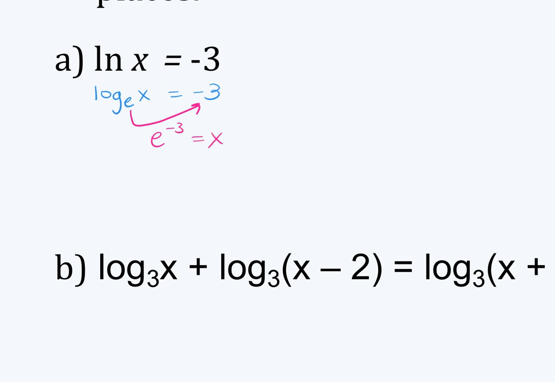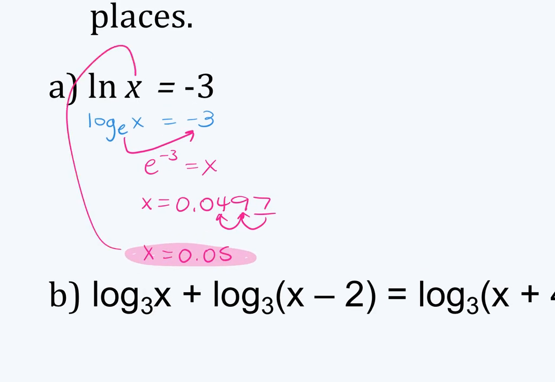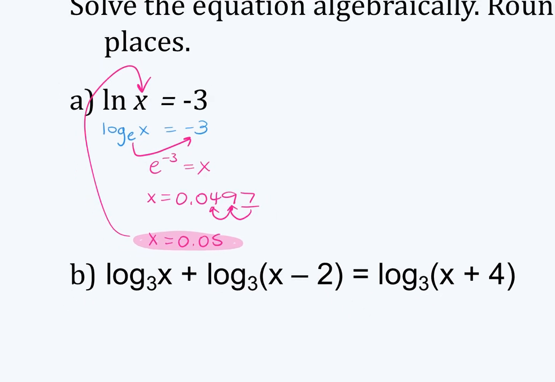And e to the -3 is 0.0497. So that 9, the 7's going to bump the 9, the 9's going to bump the 5, and this becomes 0.05. Checking to make sure when I plug it back in, it works, and I can find the log of 0.05. It's bigger than 0, so I keep that answer.